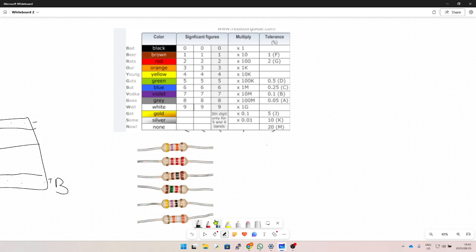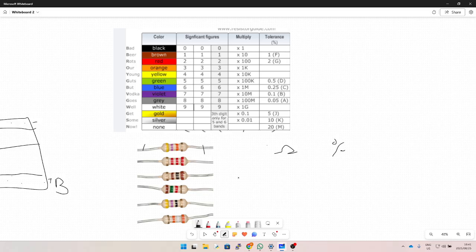Tell me for this one, what is my resistance value? Let me pick a random person. Tian, tell me, what is my resistance value? That means what's my number in ohms and what's my tolerance.